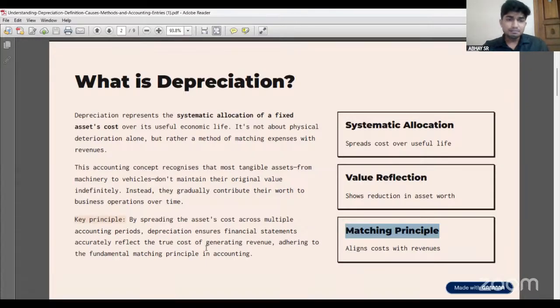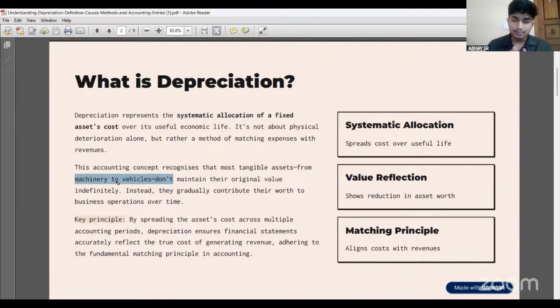If you see, most of the tangible assets, that is non-current assets, from machinery to vehicles, don't maintain their original value. They have a certain amount of depreciation, right? They lose their value over a period of time. So for that, we must calculate depreciation, and it plays a huge role.